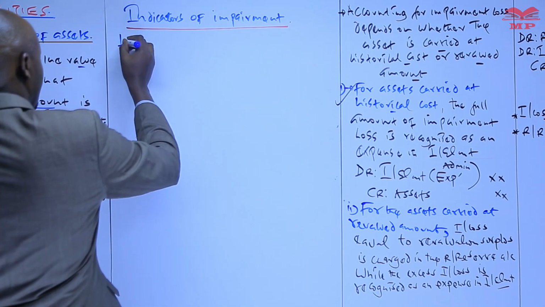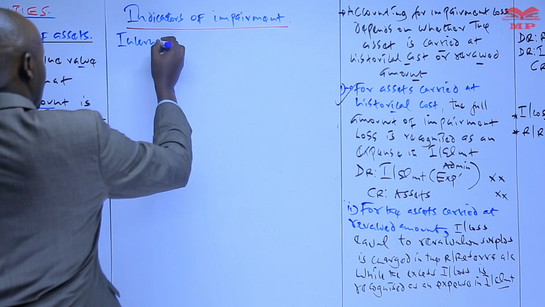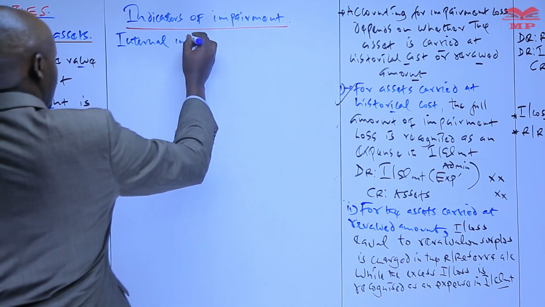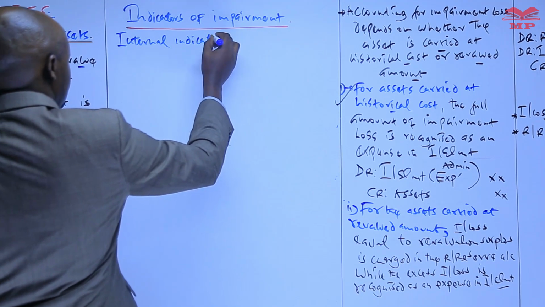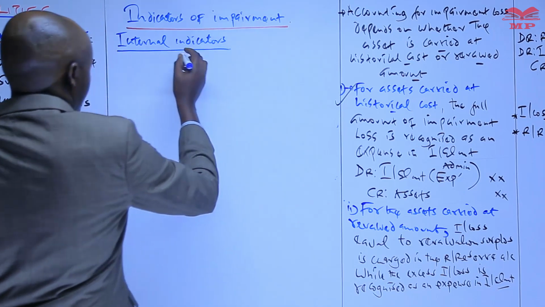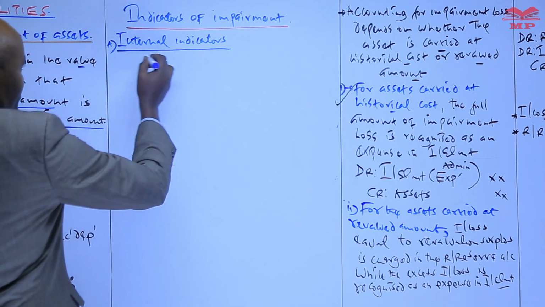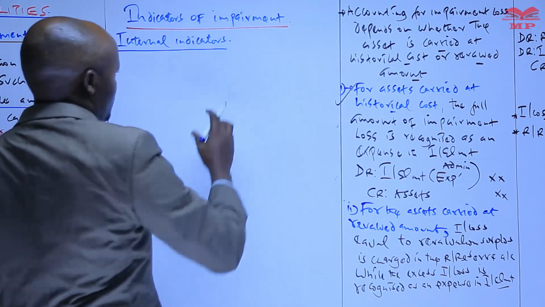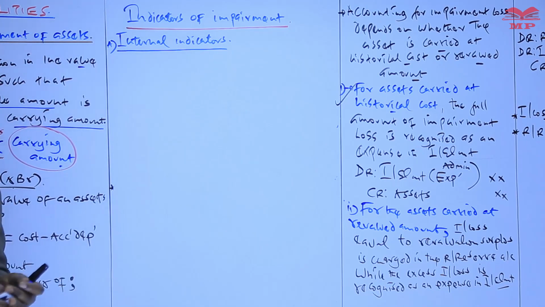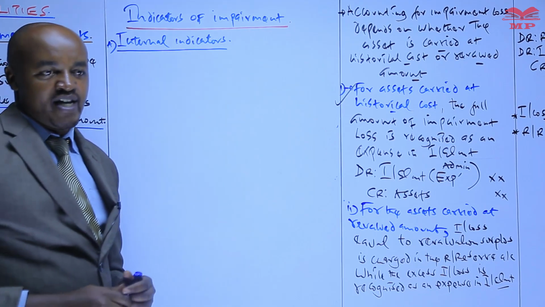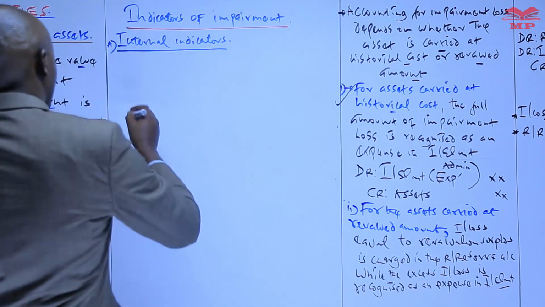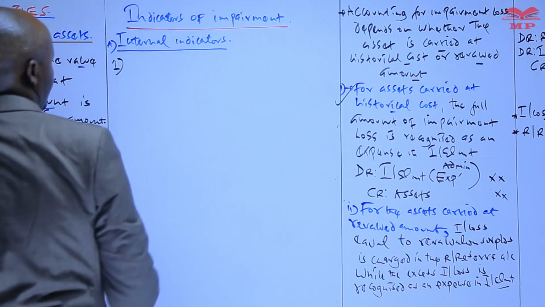We can start with the internal indicators of impairment. So the internal indicators, generally, are those particular factors which show that the asset could be impaired and which are within the control of the organization, within the control of the entity. So which are those particular factors?